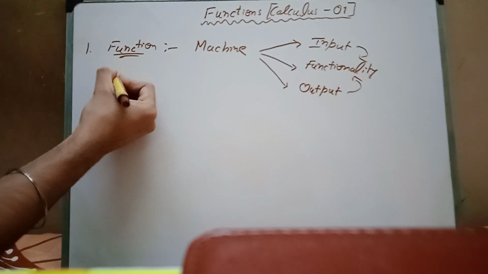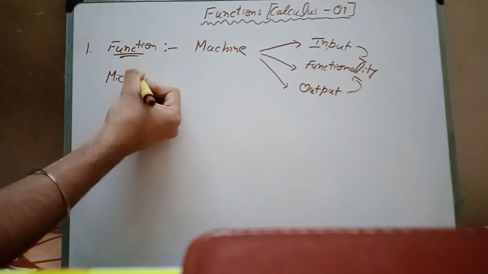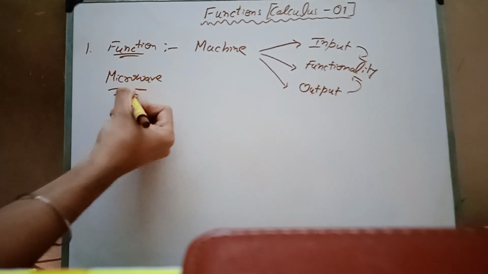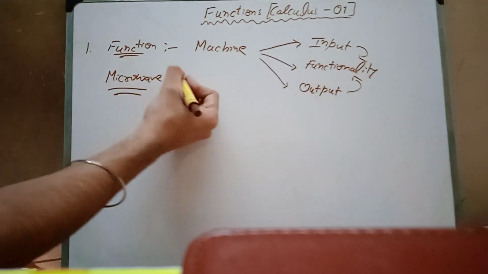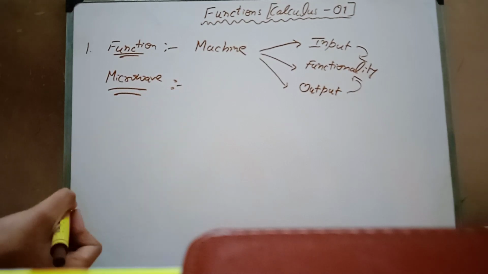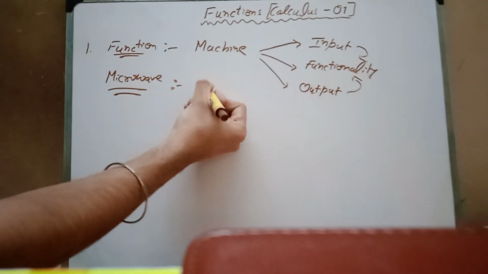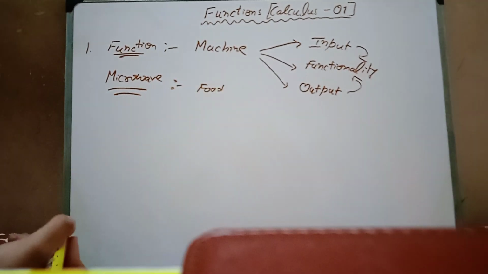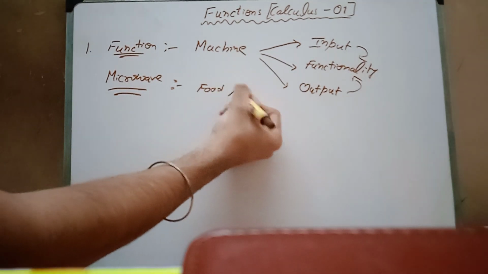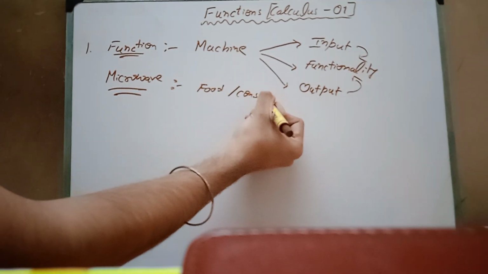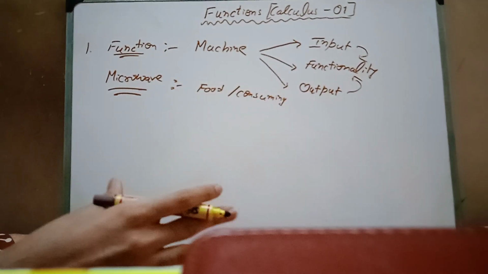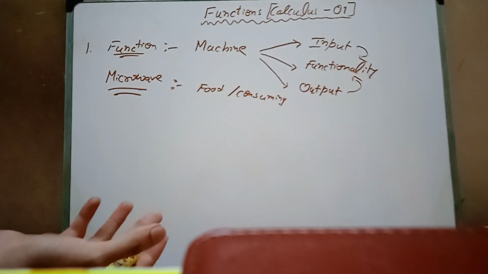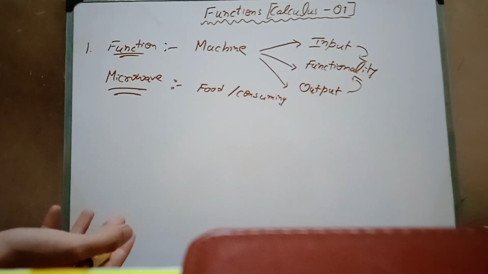Like if you are using, let's say, a microwave, the input must be a food, or a thing to be consumed. Not all things, like you can't put some sweets in a microwave.